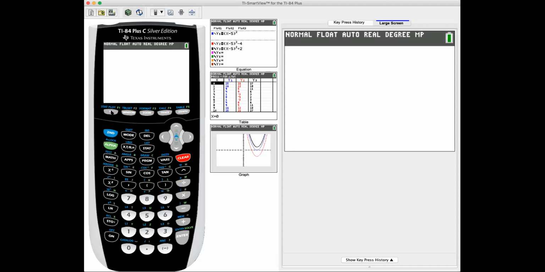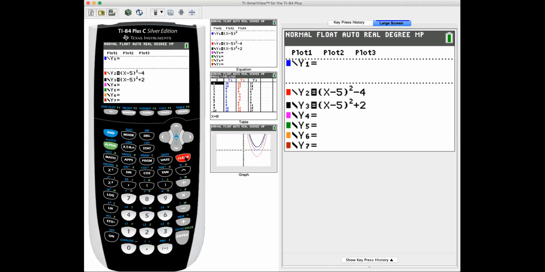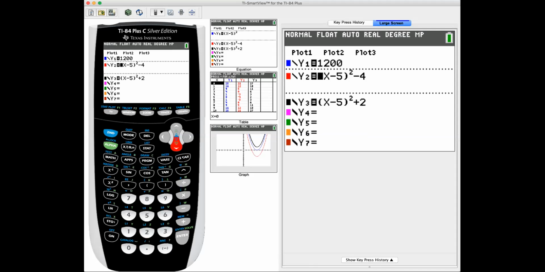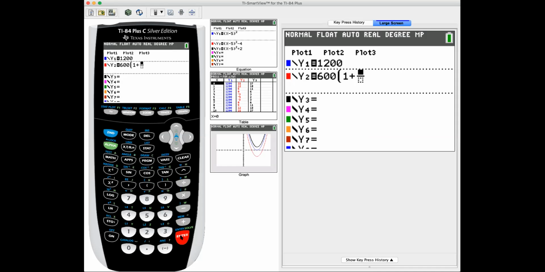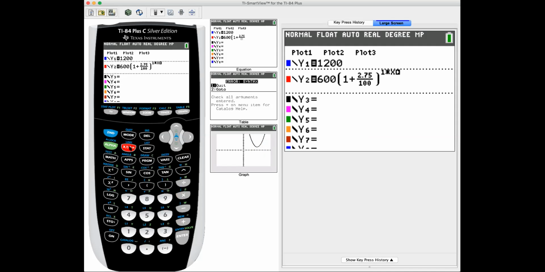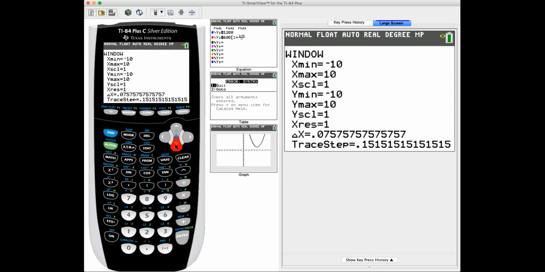Let's make sure that when it comes to part B, when we had to graph that equation, it was 1 plus, remember alpha y gives you the fraction, 2.75 over 100 times 1, which is just 100, raised to the 1 times x power. Remember, we want to adjust our window so that we can see. Since y equals 1200, you at least want to change your y max to be 1200 so you can at least see that horizontal line.